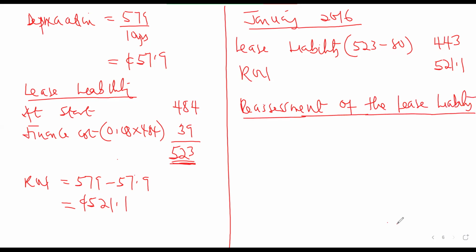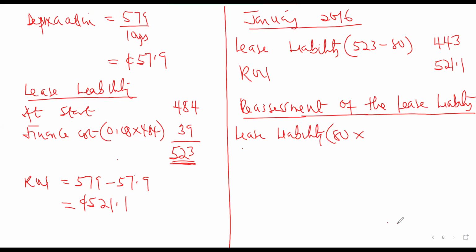We have the years now. Please, over here, you can ignore the years. You know that your lease liability will be calculated as 80 multiplied by the annuity factor for 5 years. Is that correct? Yes.